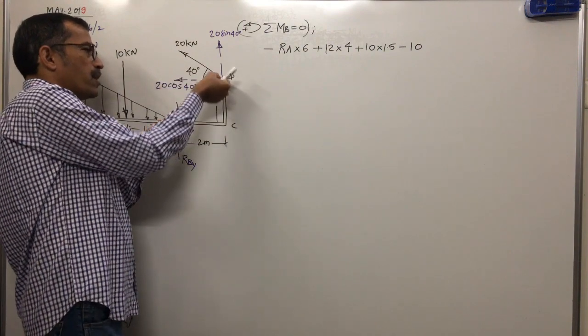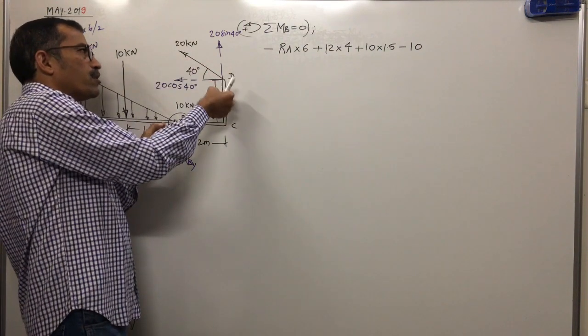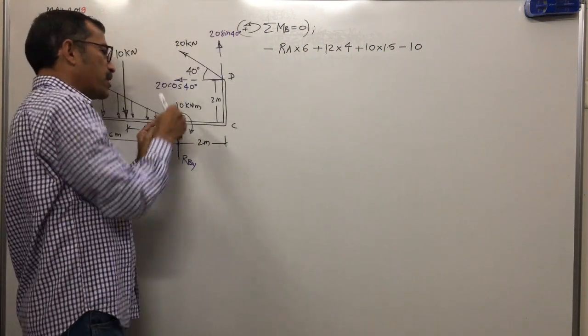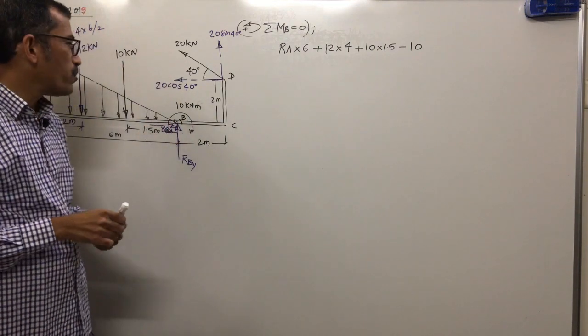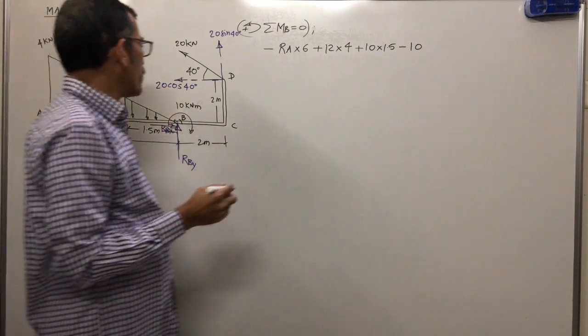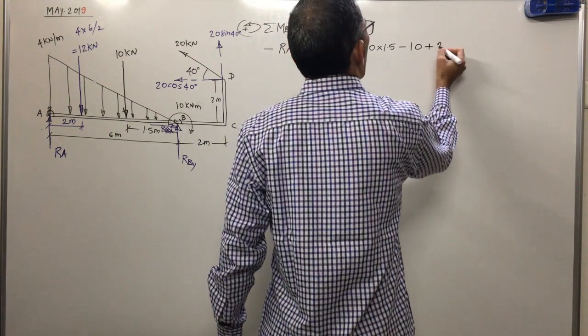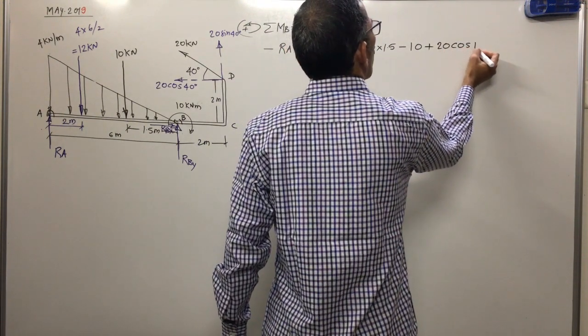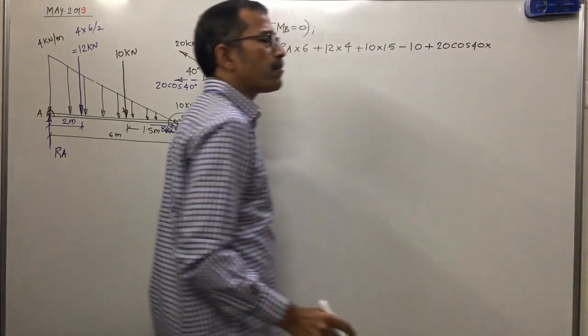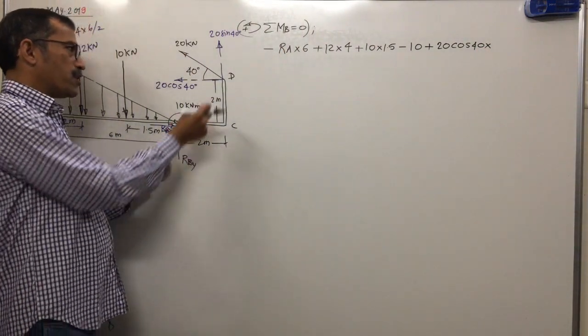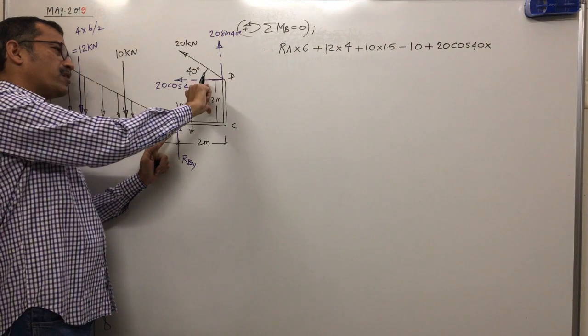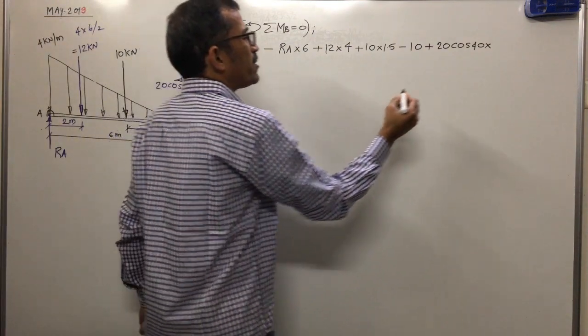How will this bar rotate? Anti-clockwise. Even due to 20 sin 40 it rotates in anti-clockwise direction about B. That means moment of 20 cos 40 is anti-clockwise, 20 cos 40. Now what is the distance? Moment center is B, force horizontal, perpendicular distance vertical.